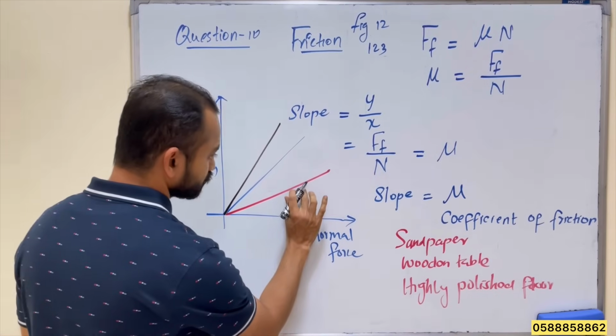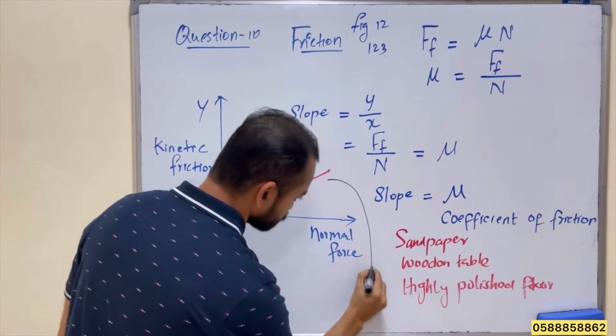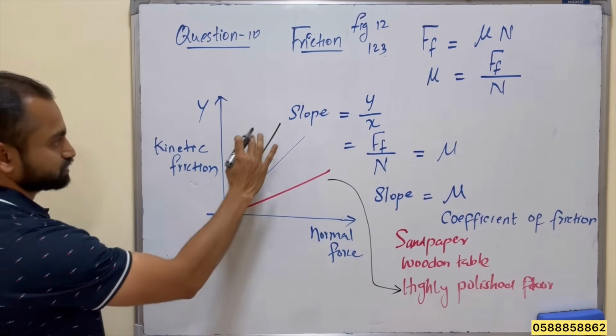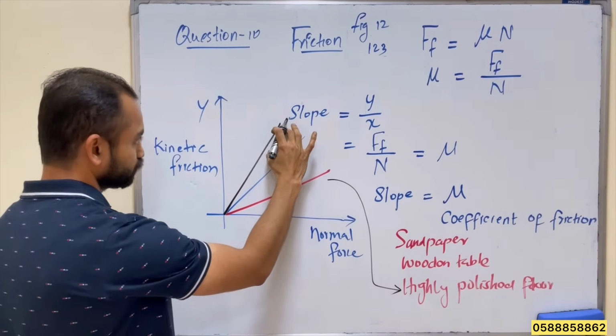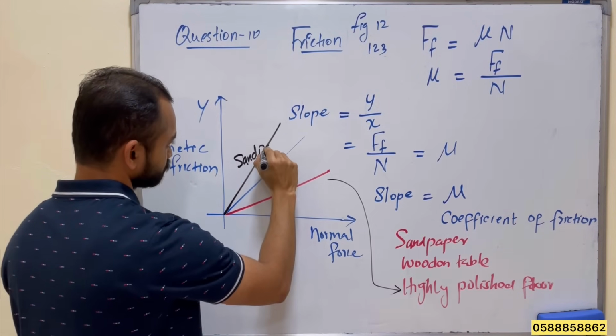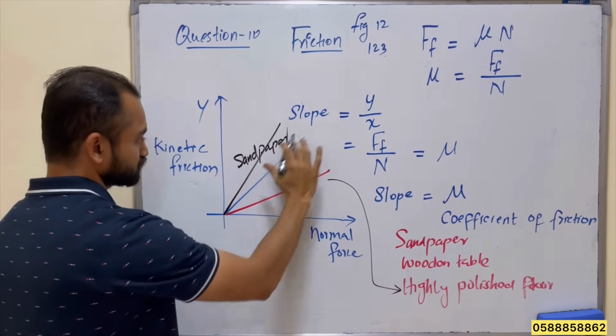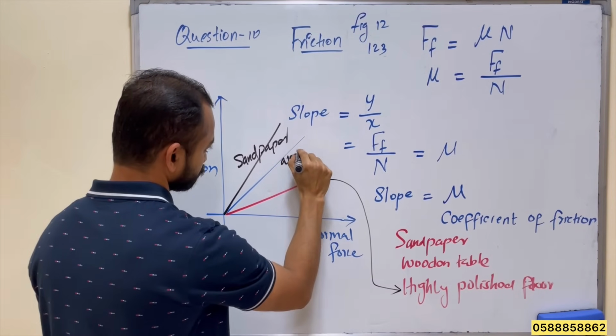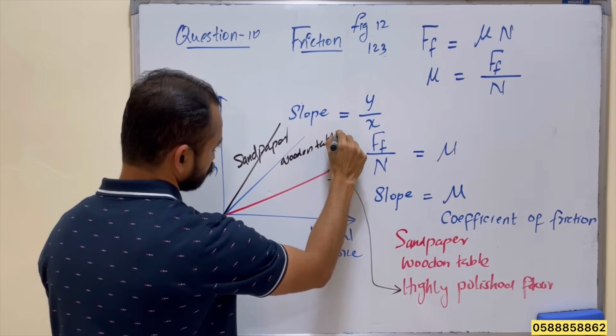So this one has very little friction. So this is representing the highly polished surface. This one has the maximum friction, the black one. So this is the sandpaper, the rough surface. This one is in between, so we can say it's the wooden table. I hope you understand this.